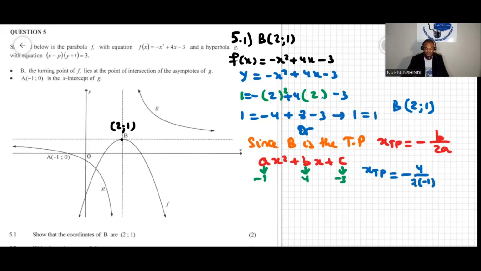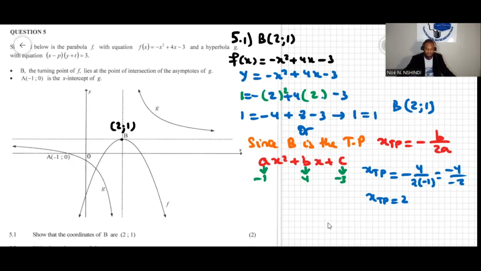This implies that x of TP equals positive 2, because this makes negative 4 over negative 2. This is the 2 that we got here. Now we can also substitute this again to find y, and it's going to be the same thing. You can sub 2 into this equation and we get y equal to 1. So that's how we can prove it.